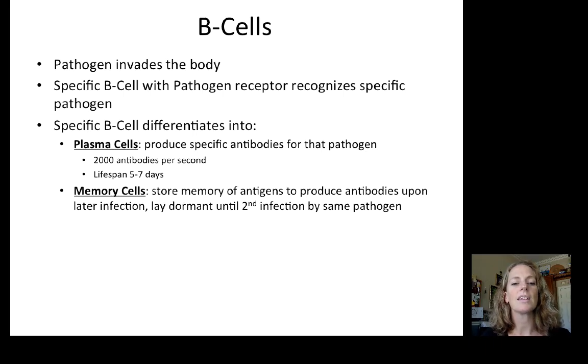The B cell will then differentiate into plasma cells and memory cells. Plasma cells produce antibodies. Memory cells store a memory of that antigen so that if you have a later infection, weeks, months, days, years later, then they will be ready to produce antibodies quicker the next time.